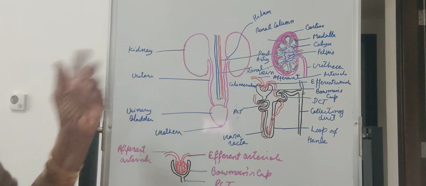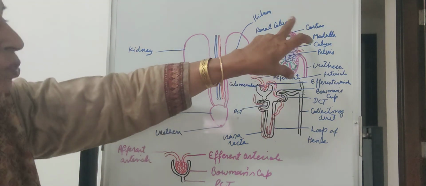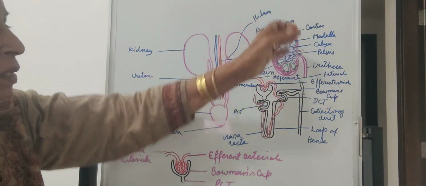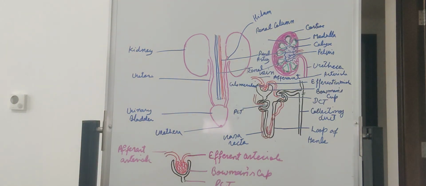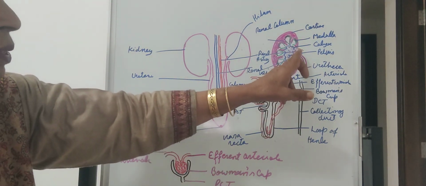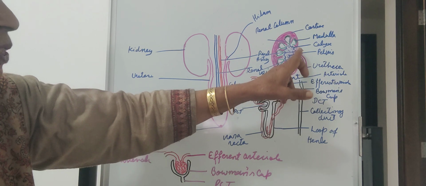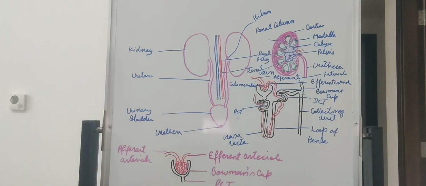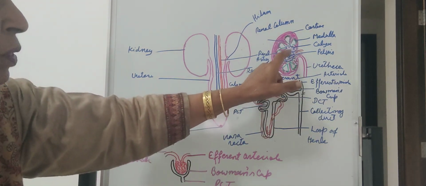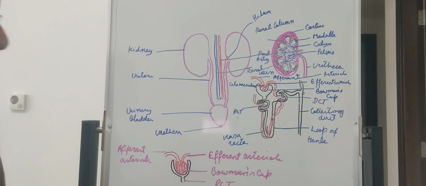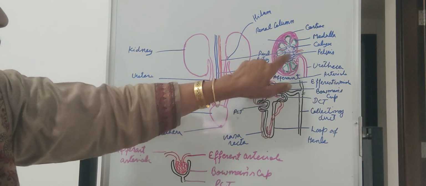So what is the detailed structure of the kidney? If you cut a section of the kidney, here is the detailed structure. On the inner side there is a notch called the hilum. This hilum opens into a funnel-shaped structure called the pelvis.